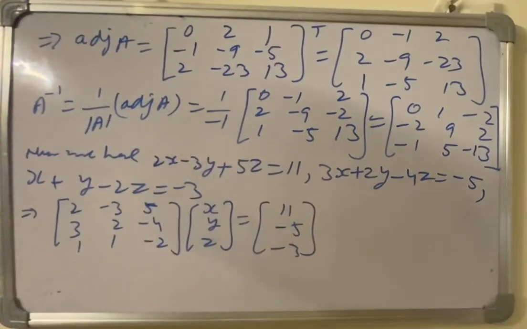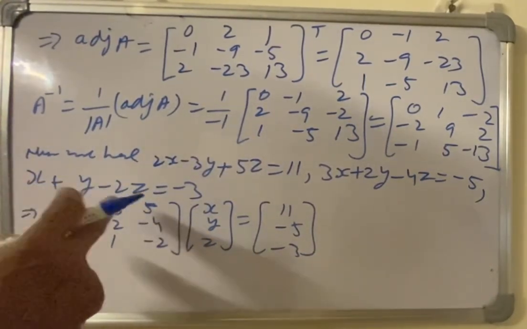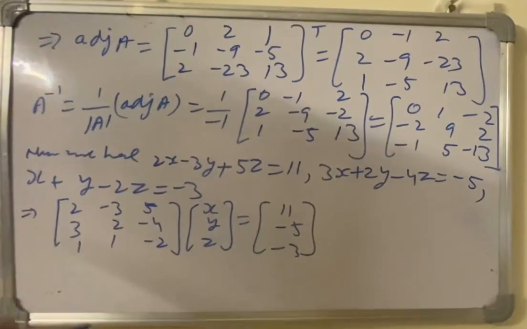We can check this with A. The given matrix, first row is same, second is same, third is same.